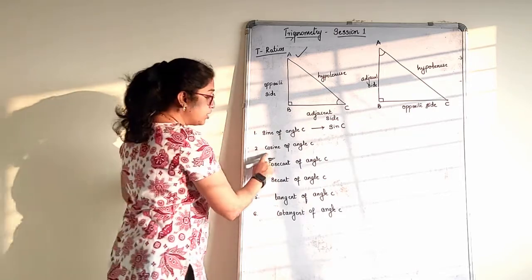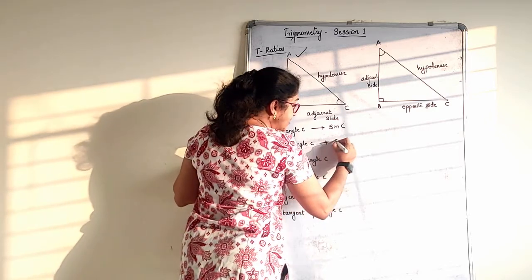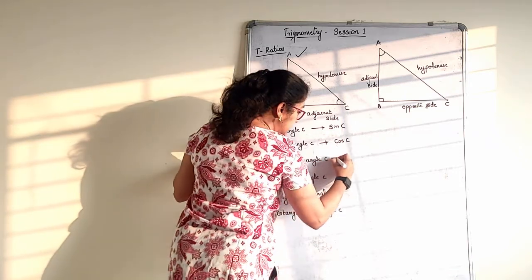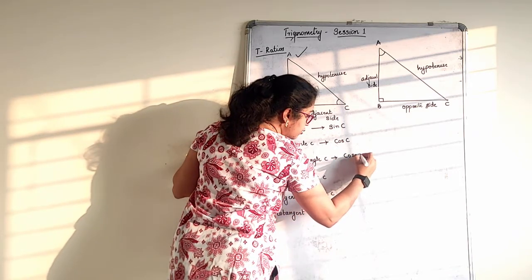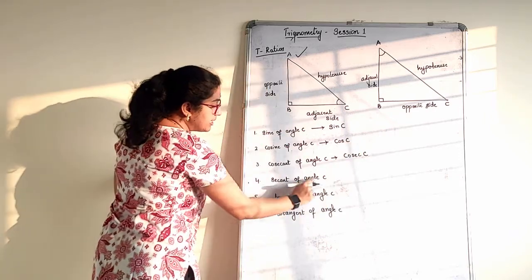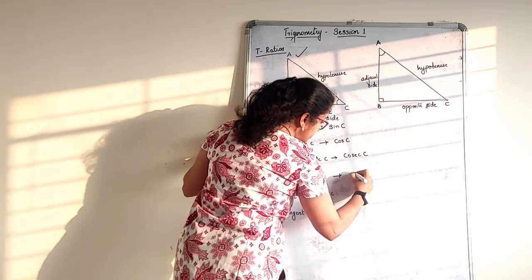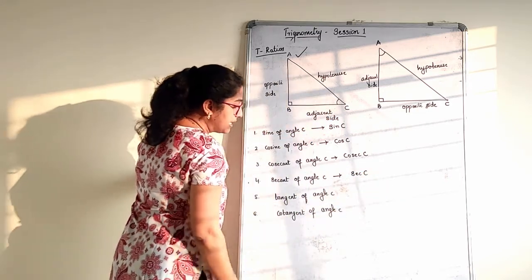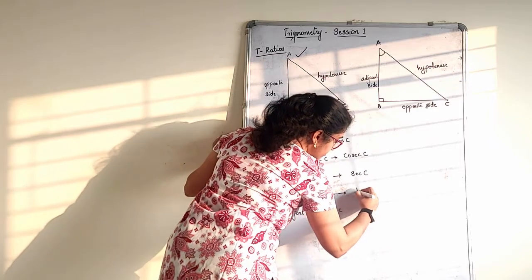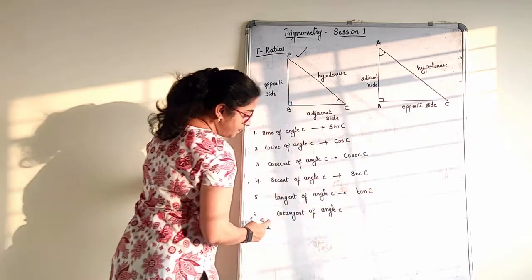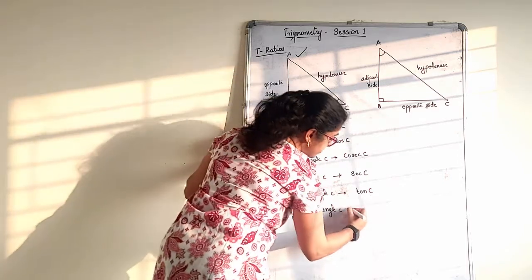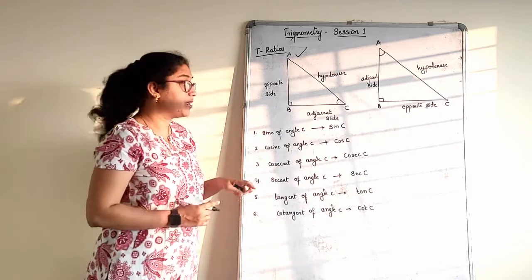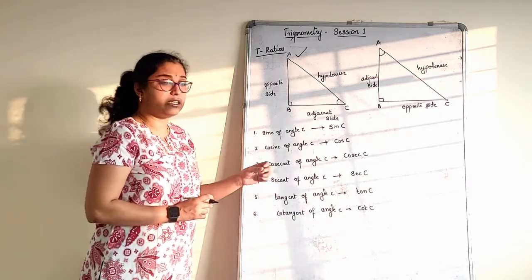Sine C. Cosine of angle C is read as cos C. Cosecant of angle C is read as cosec C. Secant of angle C is read as sec C. Tangent of angle C is read as tan C. Cotangent of angle C is read as cot C.